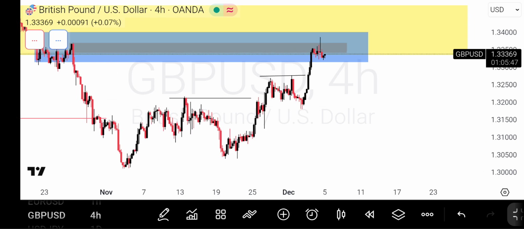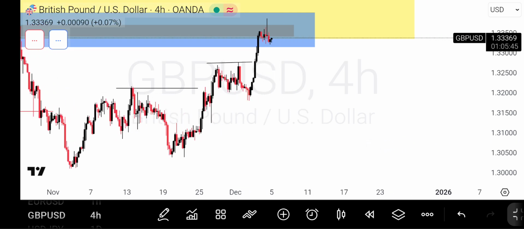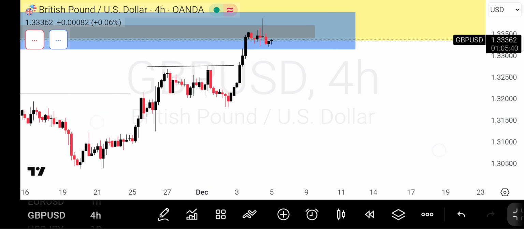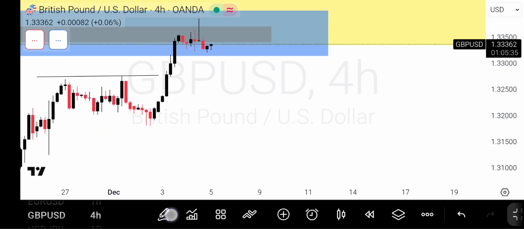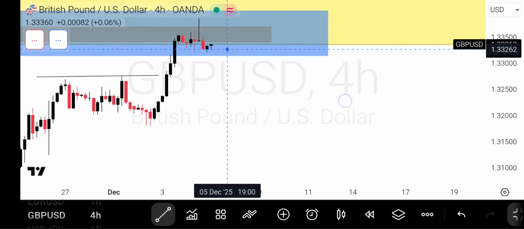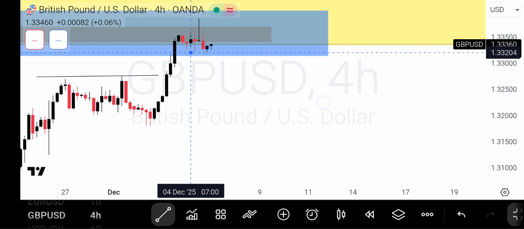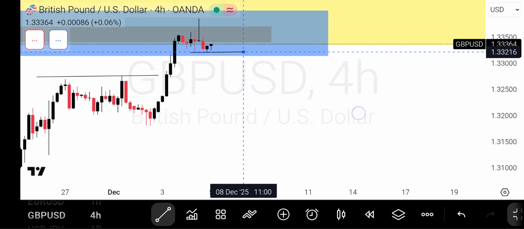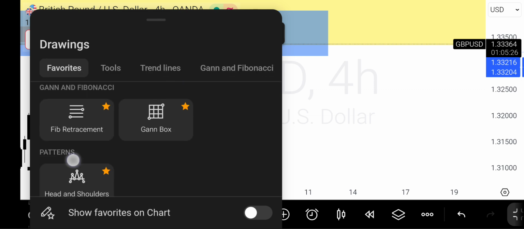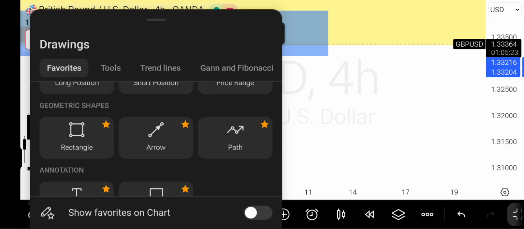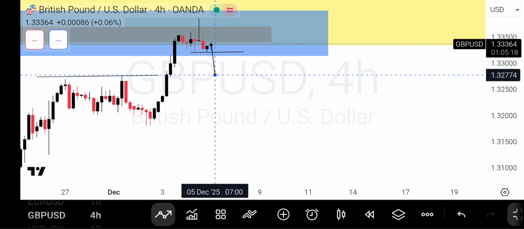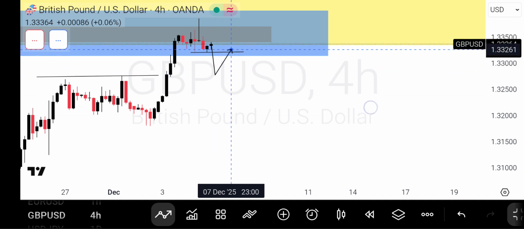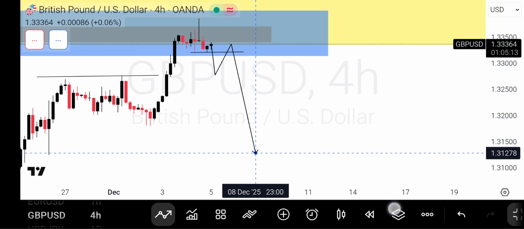We are just going to sit back and watch the reactions we get from GBPUSD. What I'm anticipating is that I want GBPUSD to be bearish. First, being bearish means that at least on the 4-hour time frame, we want to see a break below this zone, probably something like this. Then we can look for an entry around this zone so that we can sell.